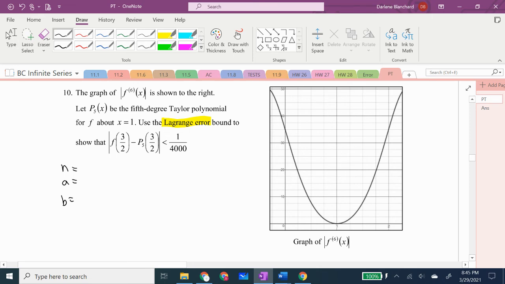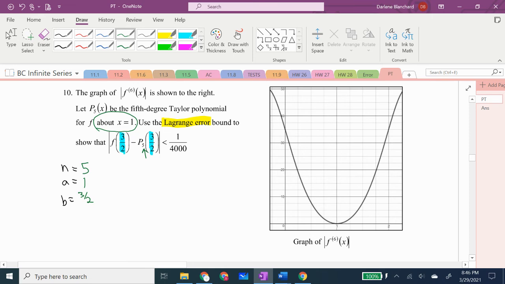N is the degree of the polynomial being used to approximate. That's a 5. A is the center of my polynomial, which it has to say somewhere in there what the center is. And B is the number that I'm plugging into the polynomial to approximate f at that same number. So my B is 3/2.